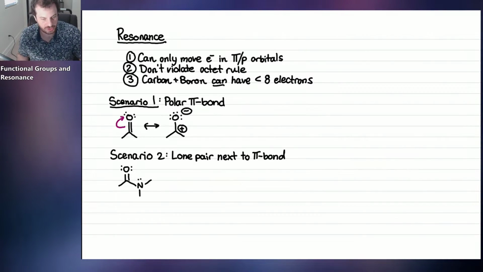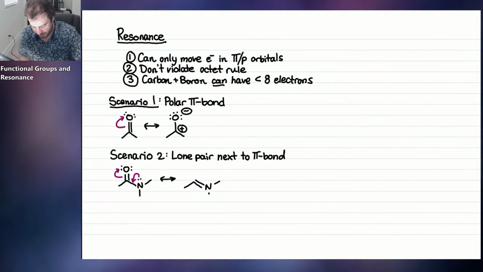And the resonance structure you can draw if you have a lone pair next to a pi bond: move the lone pair towards the pi bond, and break the pi bond, kicking electrons towards the faraway atom. If we draw this resonance structure, we'll find it looks like this.